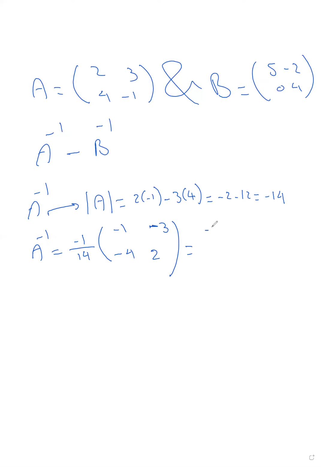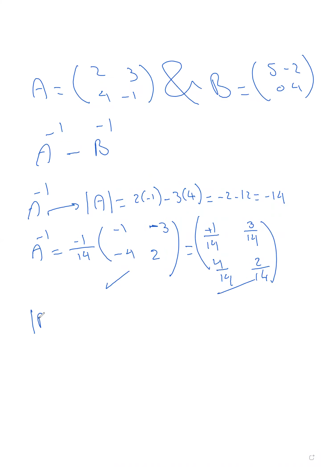It will be negative 1 over 14, which is 1 over 14, and 3 over 14, and 4 over 14, and 2 over 14. You can write it in this form or another form.